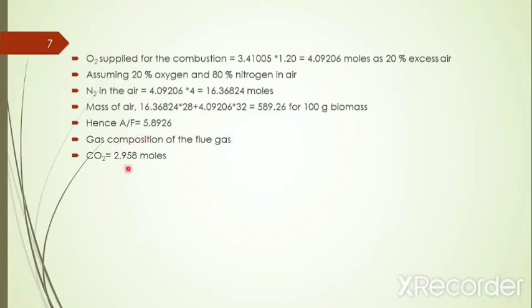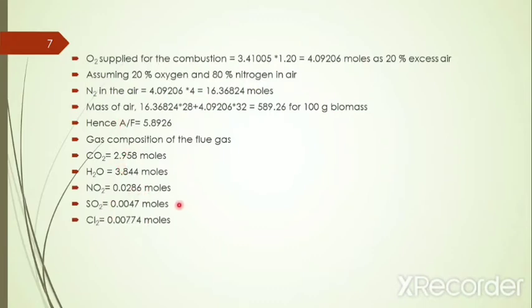Carbon dioxide moles on the right side is 2.958, water is 3.844, nitrogen dioxide is 0.0286, sulfur dioxide is 0.0047. All these are obtained from that balancing. Chlorine is 0.00774 moles.